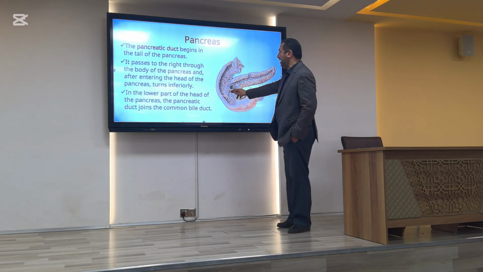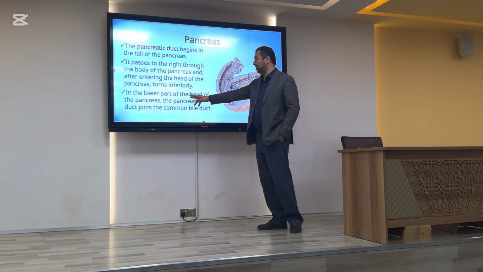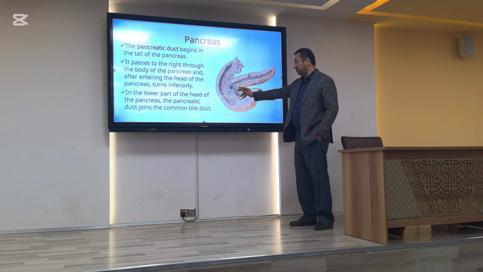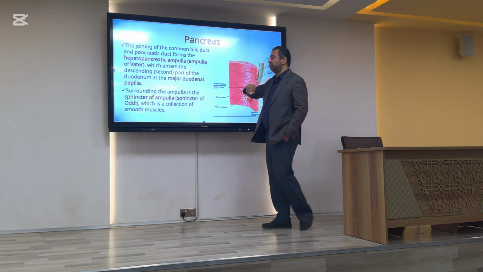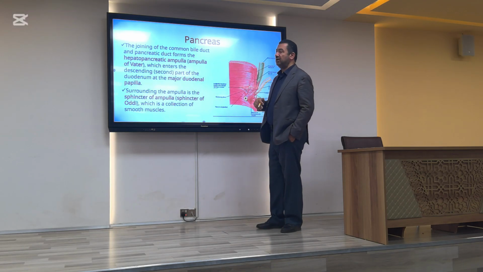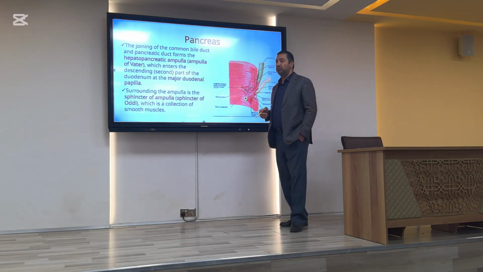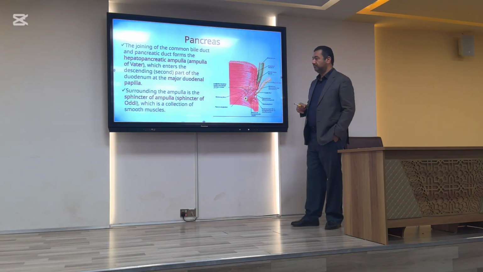In the lower part of the head of the pancreas, the pancreatic duct joins the common bile duct, and this area is called the ampulla of Vater or hepatopancreatic ampulla, which enters the descending or second part of the duodenum at the major duodenal papilla.